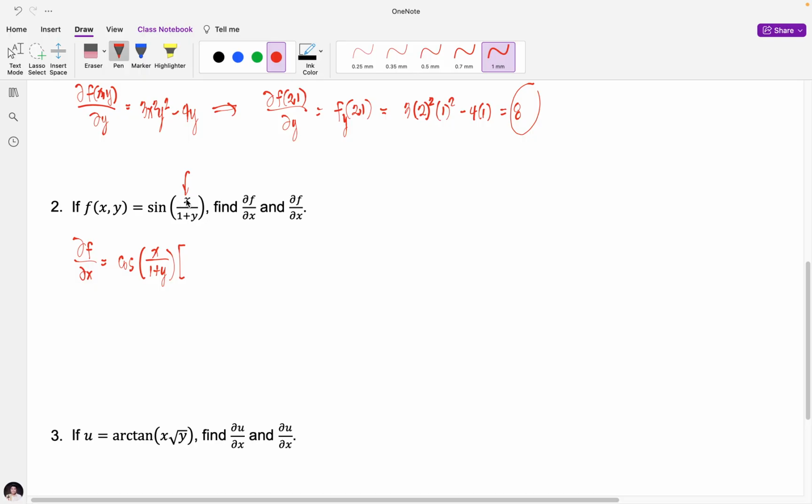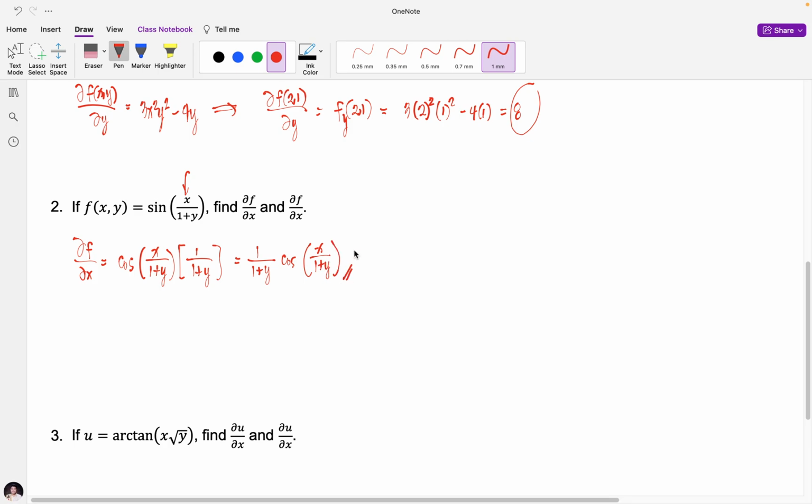So we will just differentiate x. The derivative of x is 1, so we multiply it by the coefficient 1 over 1 plus y. So this is just 1 over 1 plus y times cosine of x over 1 plus y.